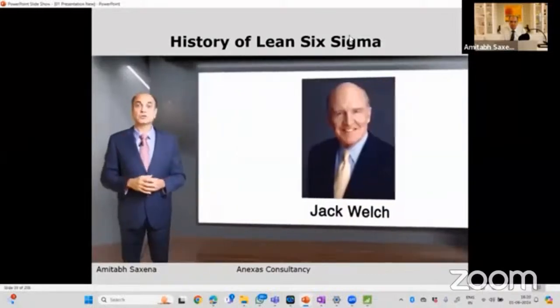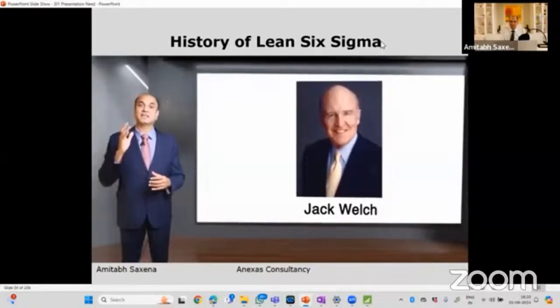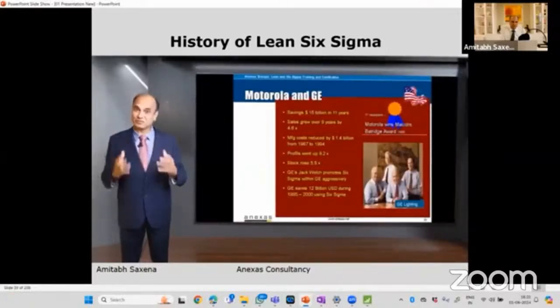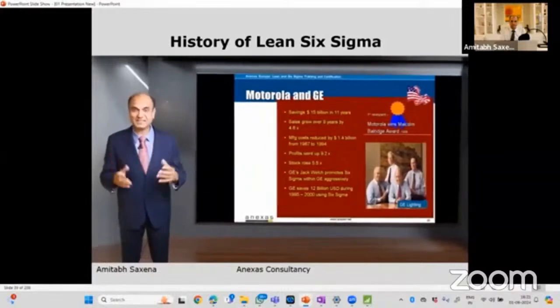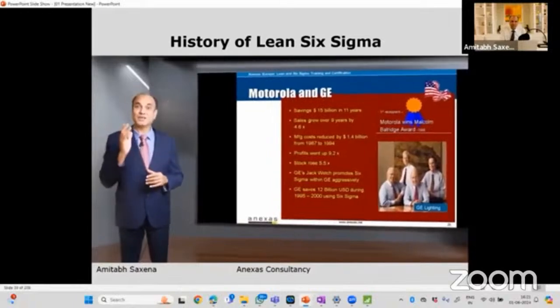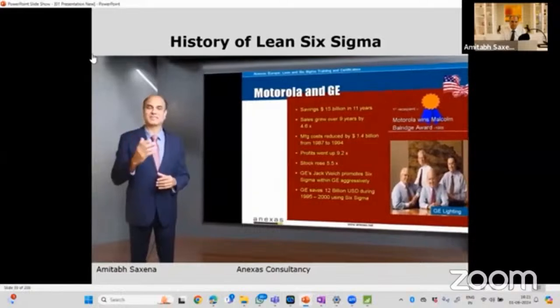Jack Welch of GE was so much impressed with this methodology that he told his employees that you would not be promoted if you are not a green belt. So everyone wanted to be a green belt, everyone started doing projects. Then GE started telling their vendors and suppliers that if you want to have business from GE, you need to implement Six Sigma.